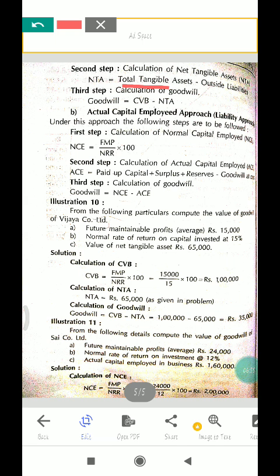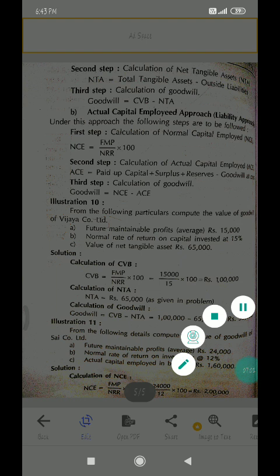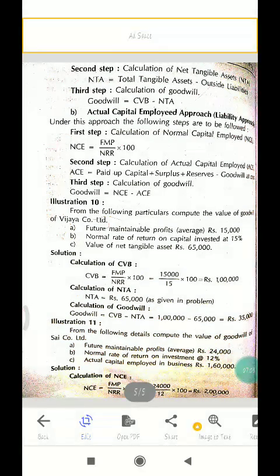NTA is equal to total tangible assets minus outside liabilities. After computing the net tangible assets, the third step is calculation of goodwill. Here goodwill is equal to CVB minus NTA, that is, capitalized value of business minus net tangible assets.